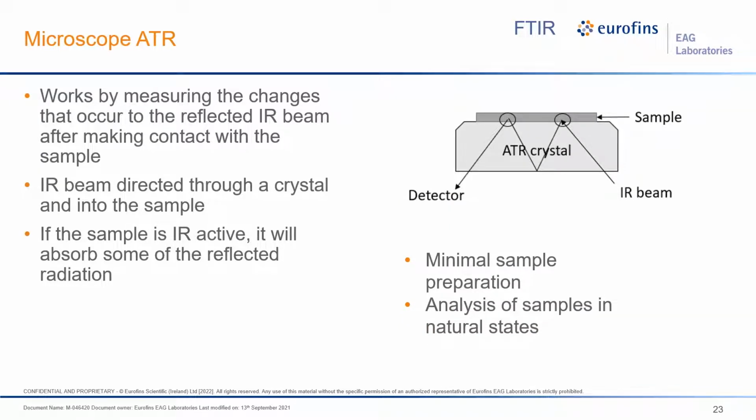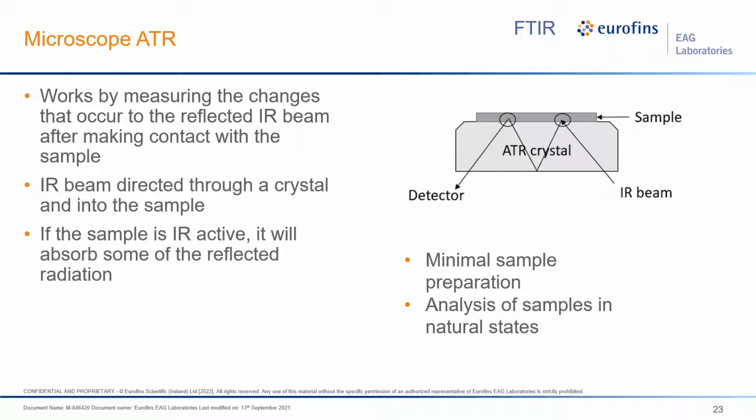As you can see here, this is more like a general setup. The sample is placed on the ATR crystal, and the IR beam is coming from the bottom of it. So the majority of the signal comes from the interface between the two. The sample basically is on the bottom surface of it. It's great for powders, plastics, solids, paints, and coatings.